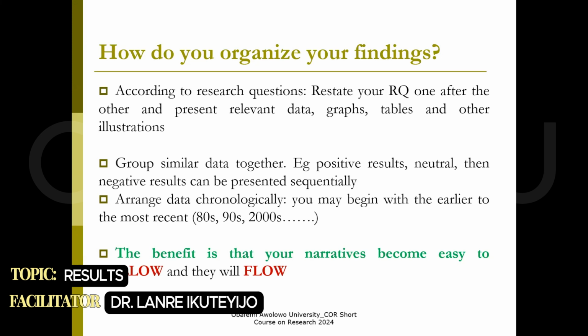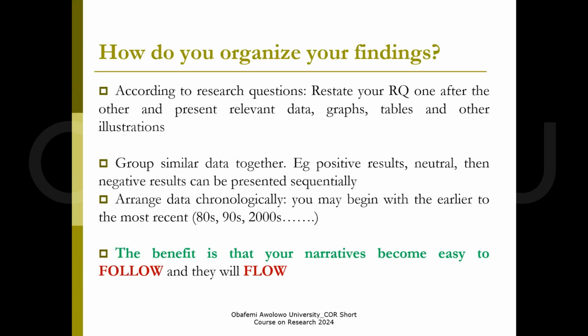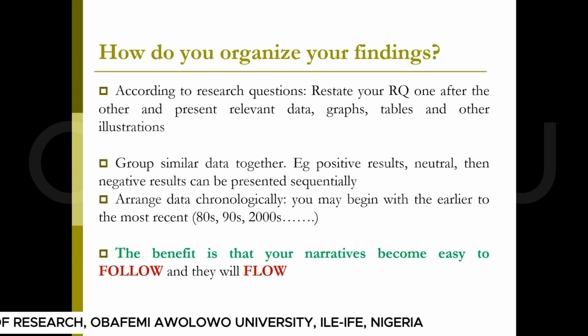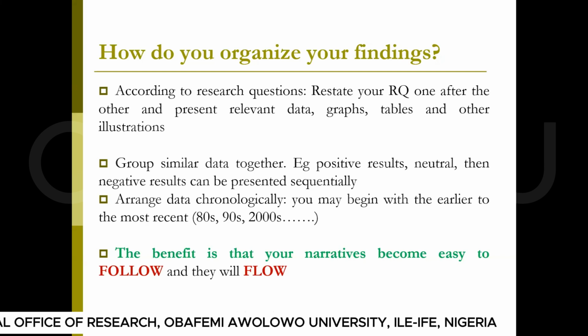So you can present the positive ones first, then the neutral ones, and negative sequentially, or the other way around. You can also arrange your data chronologically. If you have gotten data by years, you can start with data from the 80s, 90s, then 2000s, and so on.